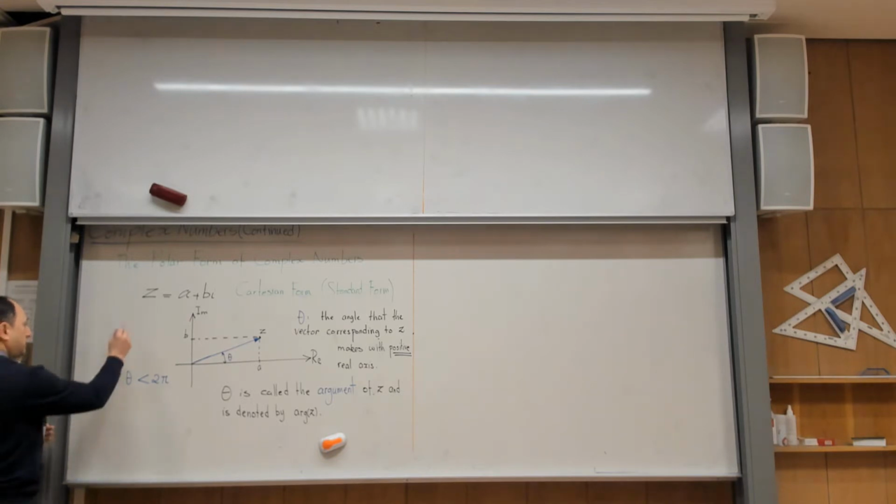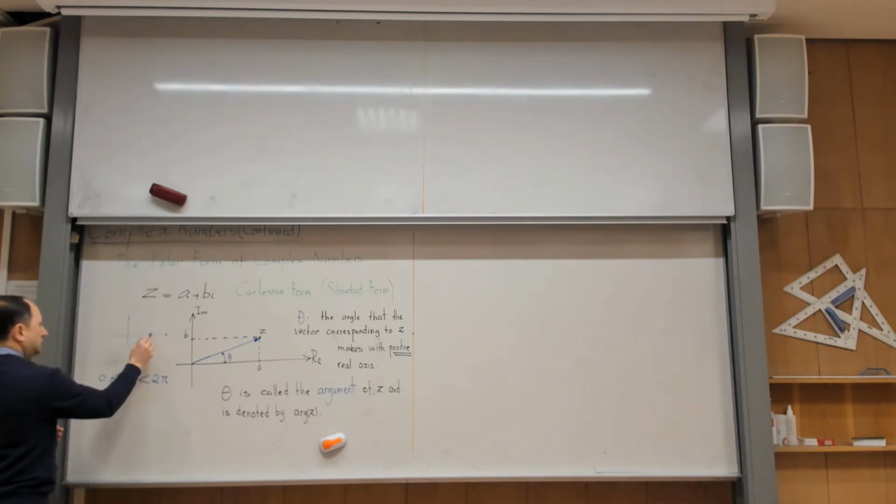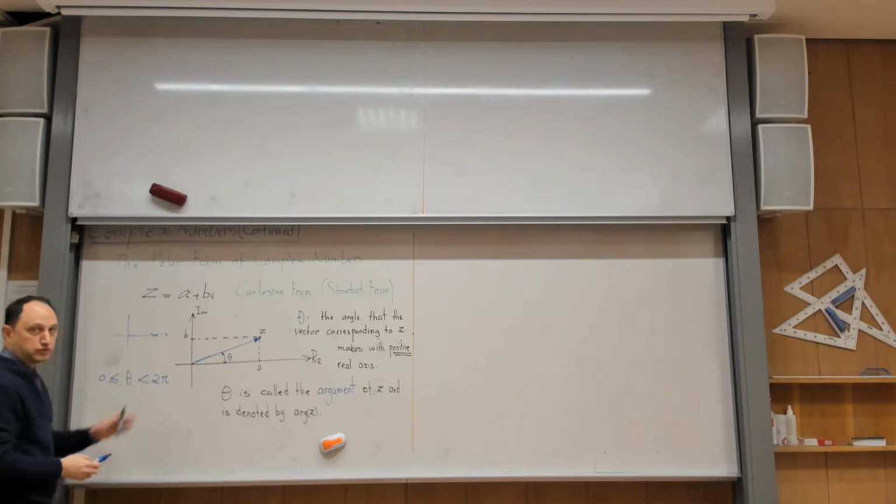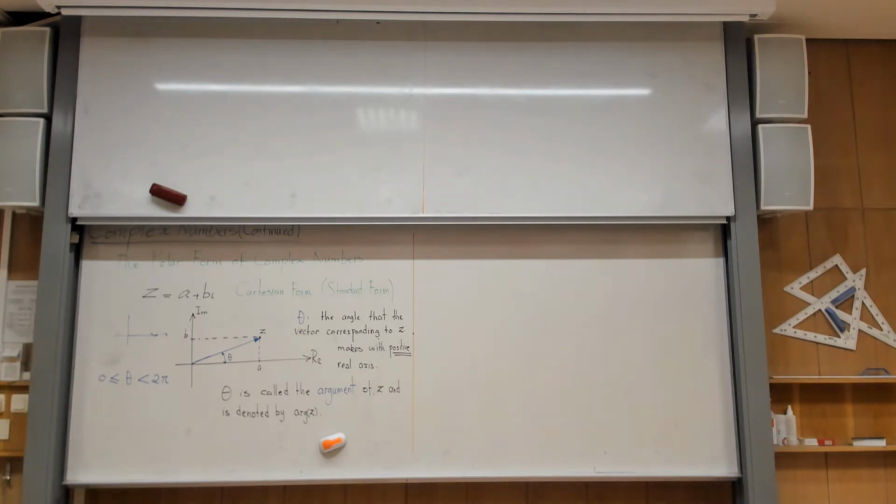So if I have a point here, and I ask you what is the argument of this complex number, in principle you can say 0, you can say 2 pi, because it remains here, but by convention you say 0, not 2 pi. This is one convention.